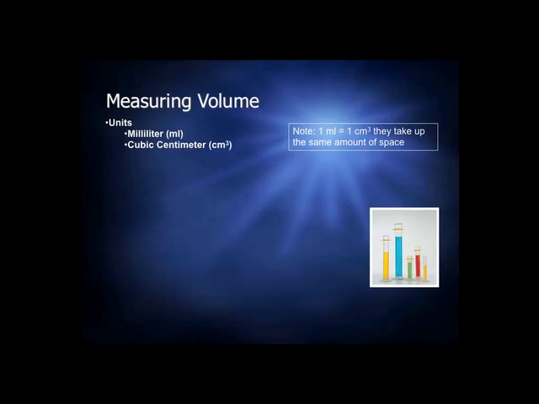They're the same volume. If you watch a medical show and they give somebody an injection, they may say they need 5 cc's of adrenaline. But what does cc stand for? Cubic centimeter. It's the same as a milliliter.